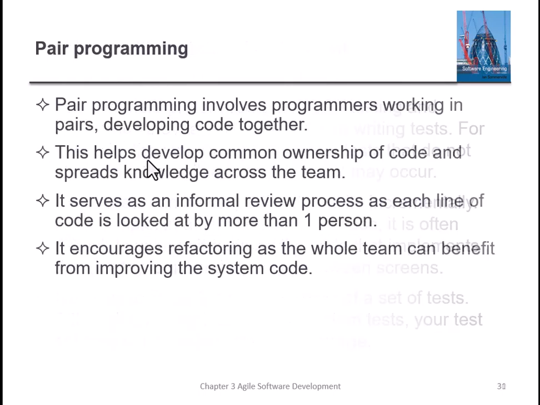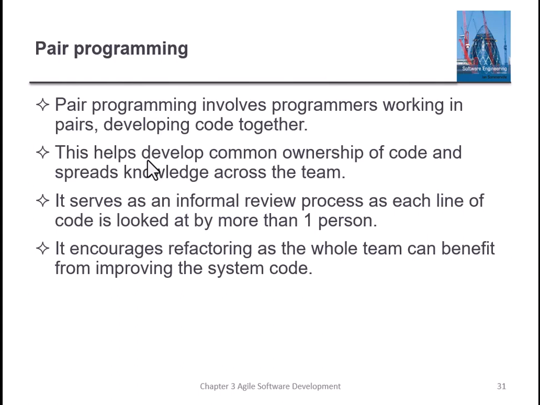Pair programming involves programmers working in pairs, developing code together. This helps develop common ownership. So through pair programming, common ownership becomes possible and knowledge is spread across the team. It serves as an informal review process as each line of code is looked at by more than one person.